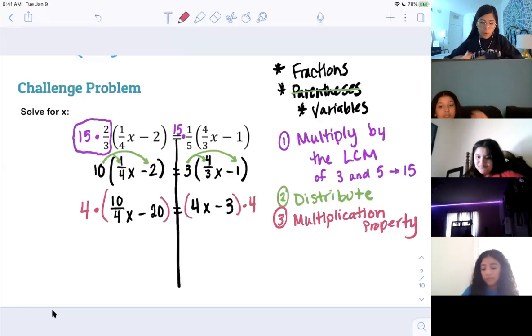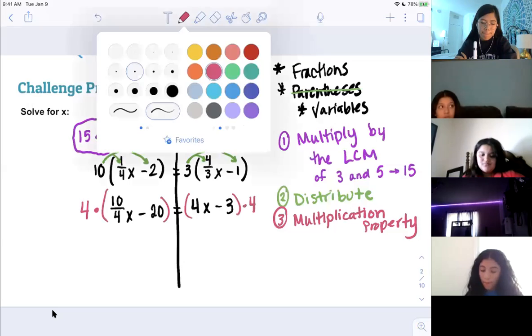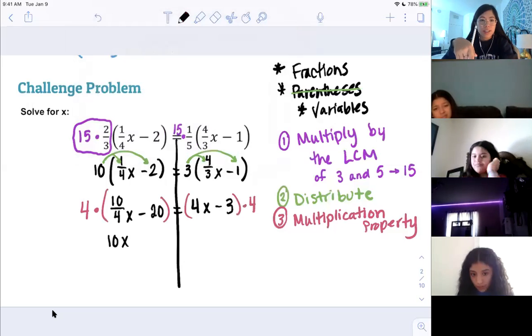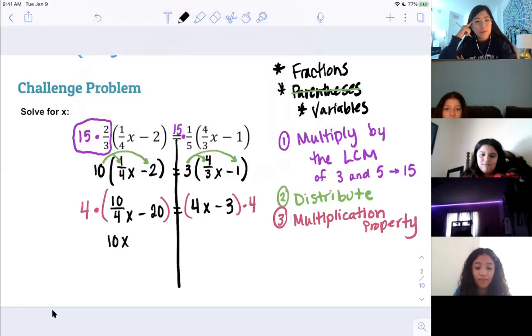So let's go through. 4 times 10 over 4. What do I get? Yep, just 10. Because 40 divided by 4, that's 10. You can also think about it like it just crosses out the denominator. Wait, why did you say 40? Because in my head, I did 10 times 4.